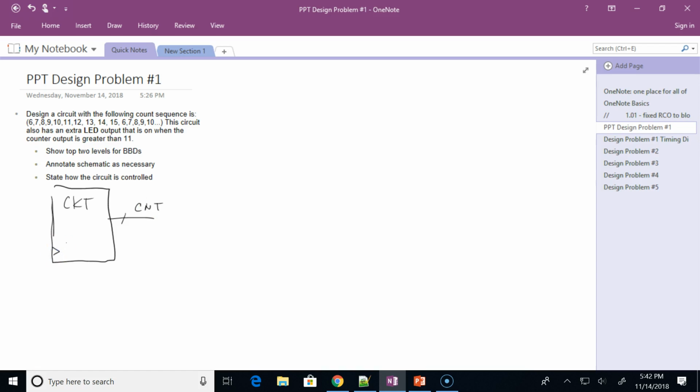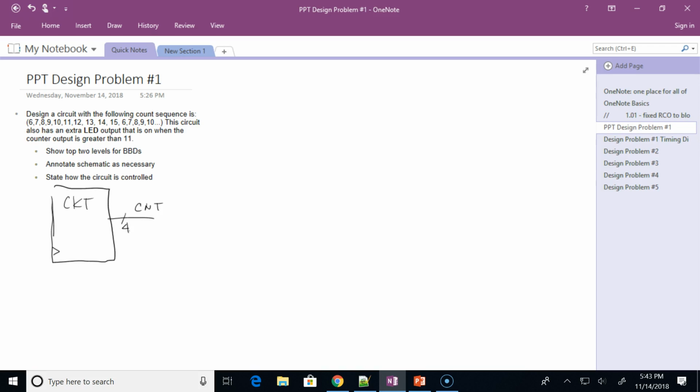Do I need anything else on this? I don't think so. What I need to do is fill in the width of the output count. If you look at this, the maximum value is 15. Everyone should know that as the maximum value for a 4-bit counter. So this is, in fact, a 4-bit up counter with a special load issue.